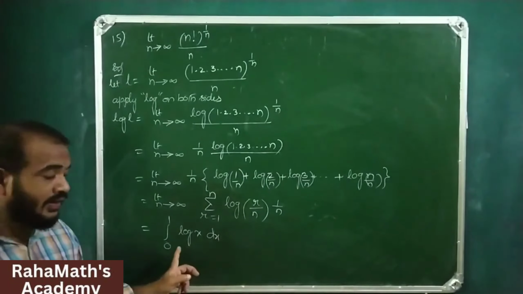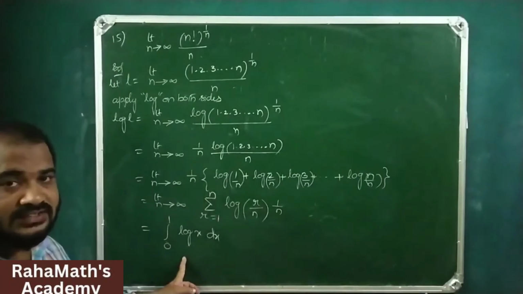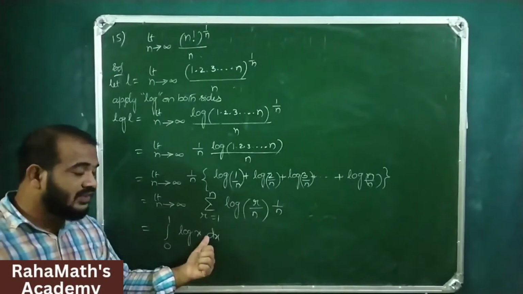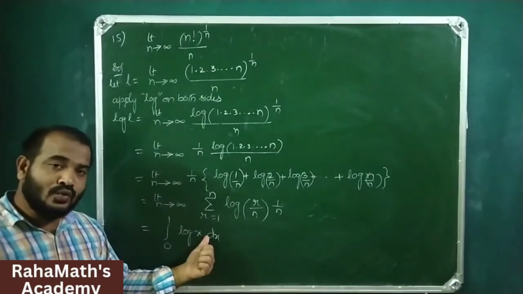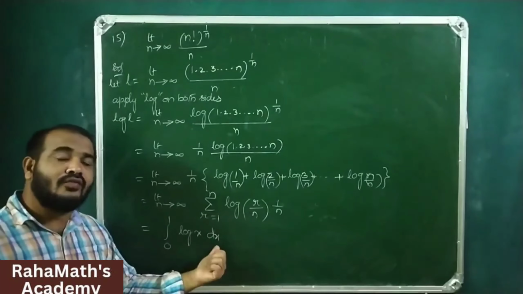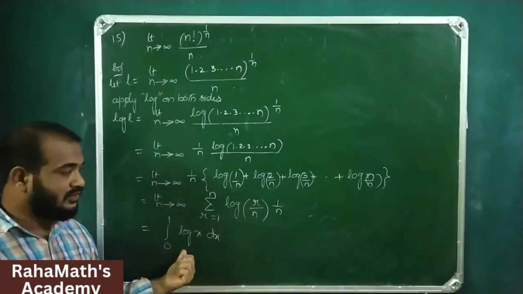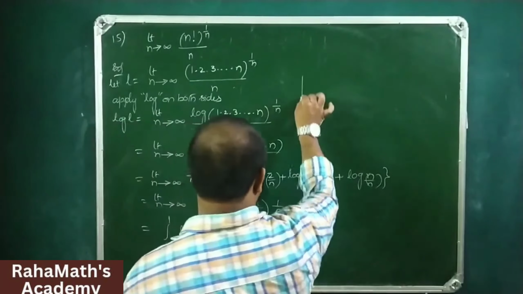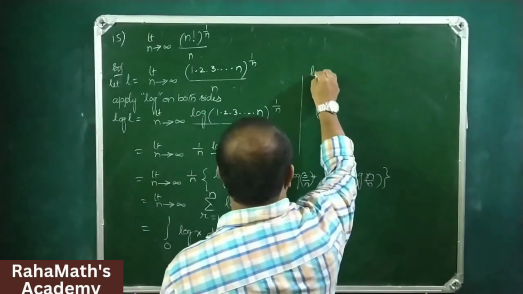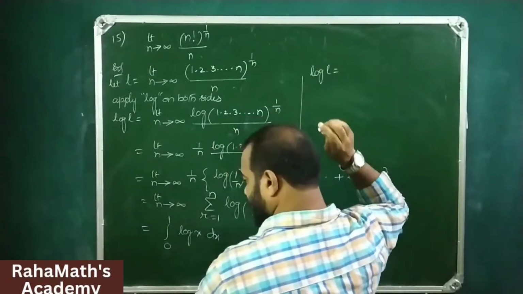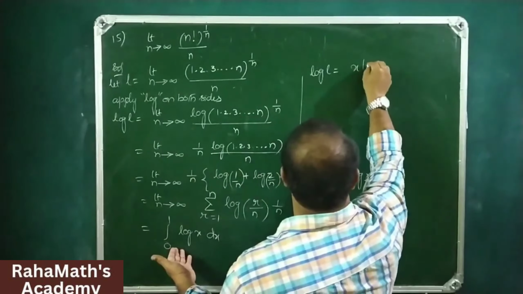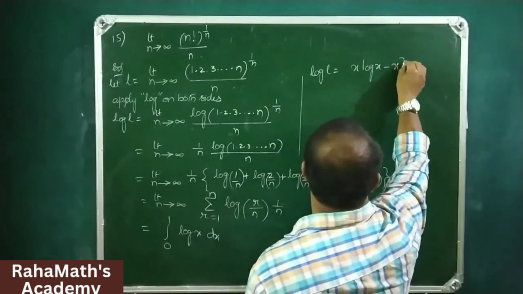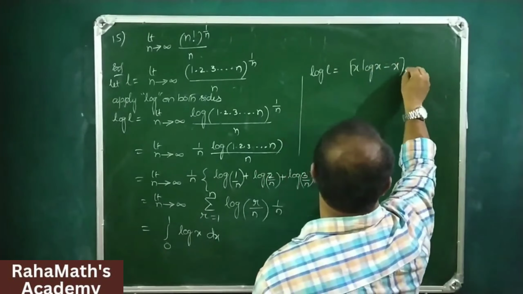We know the direct formula for integral log x dx: x log x minus x. Otherwise, the second function is to be taken as 1, unity, so then it is f of x into g of x, a product of two functions. In the similar way, if you proceed, we get log L is equal to x log x minus x from 0 to 1.